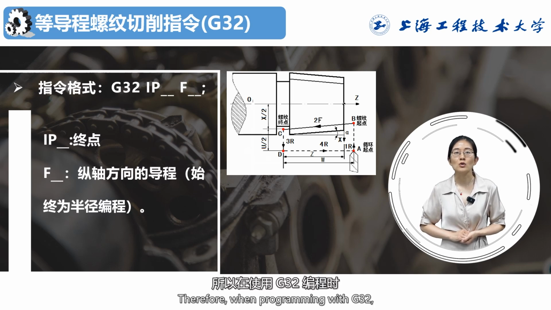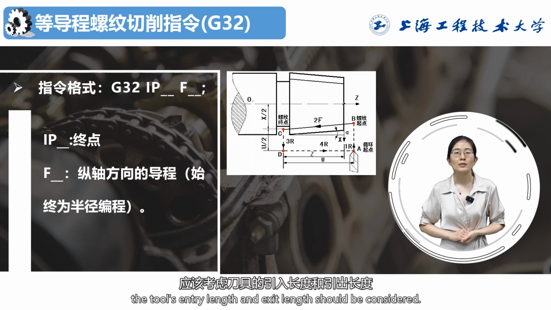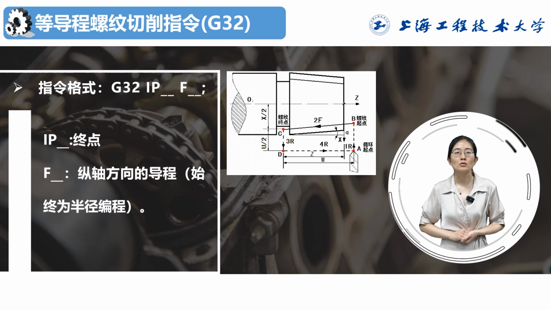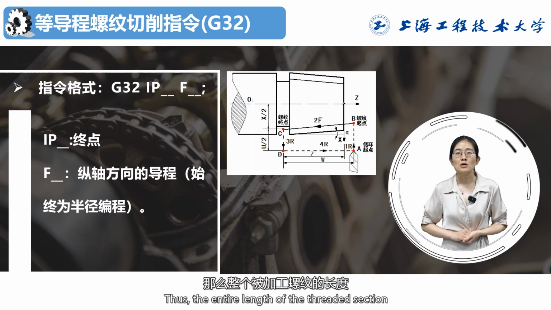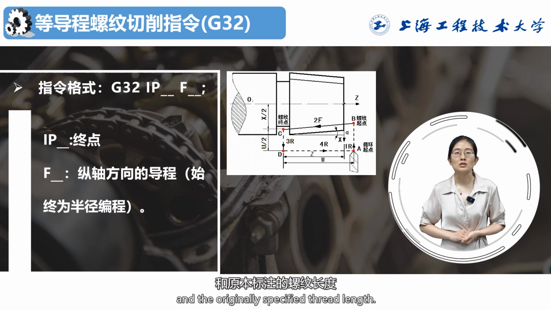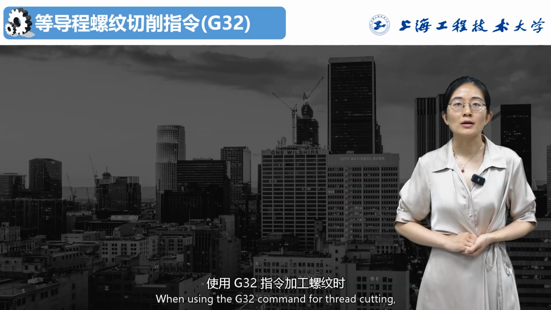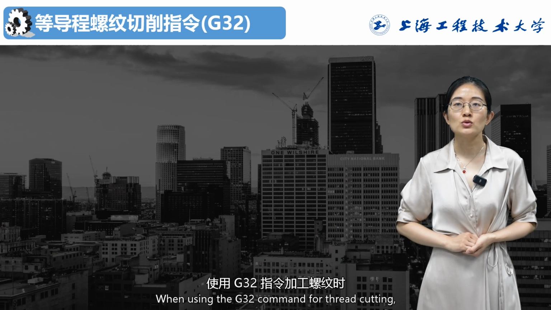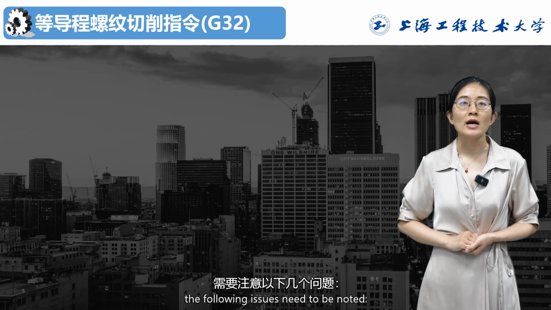Therefore, when programming with G32, the tool's entry length and exit length should be considered. Thus, the length of the threaded section being machined should include the entry length, exit length, and the originally specified thread length. When using the G32 command for thread cutting, the following issues need to be noted.